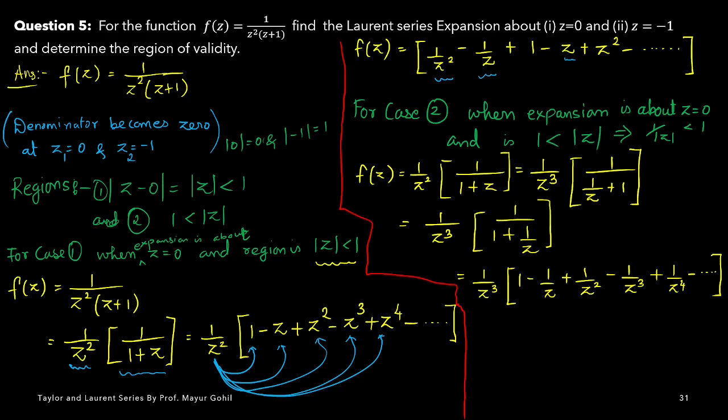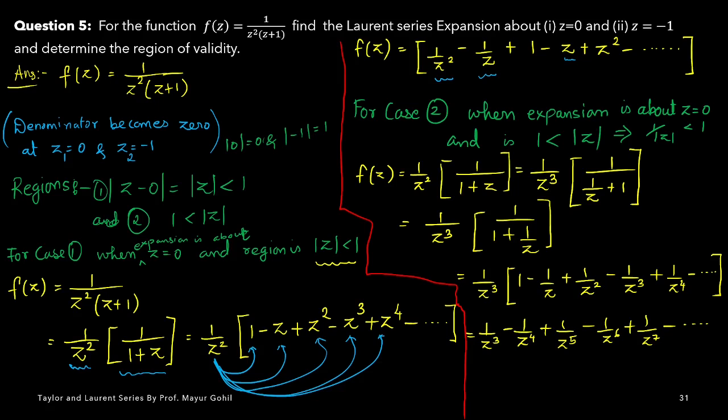Otherwise, even if you keep it over here, this is your final answer. It's correct. I'll just multiply and give it to you so that you realize the powers increase a lot. So here 1 upon z cube minus 1 upon z raised to 4 plus 1 upon z raised to 5 minus 1 upon z raised to 6 plus 1 upon z raised to 7 and minus and so on. It will go on like that.